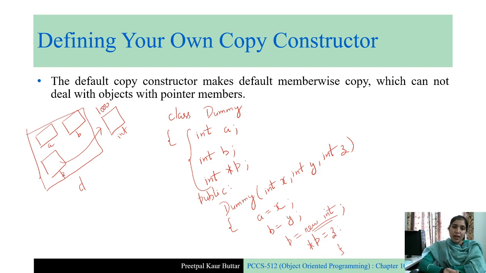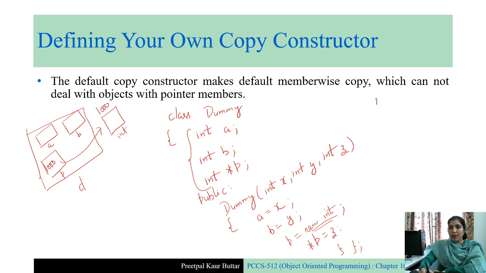That base address will be stored in P. It means P is pointing to this memory, but this memory is actually not a part of this object, although we can point to it through this pointer. This memory is not a data member. The only data members are A, B and pointer P. So this is our constructor, and let us end this class here.